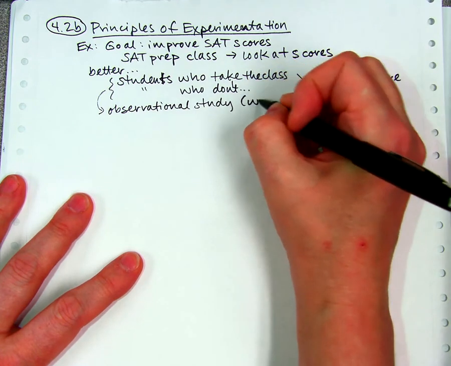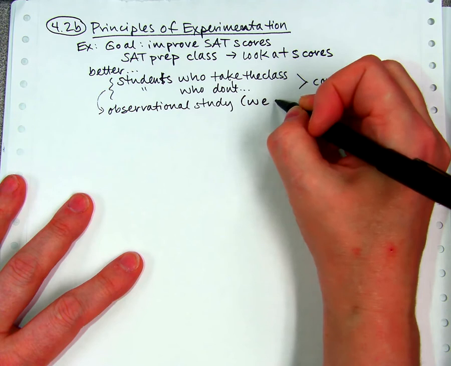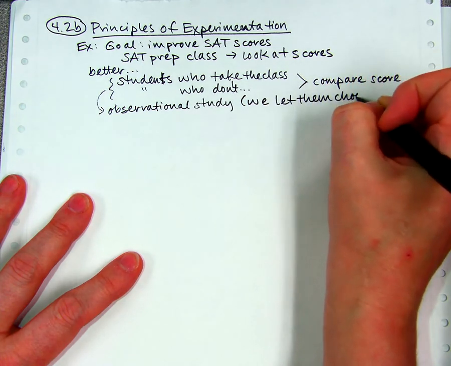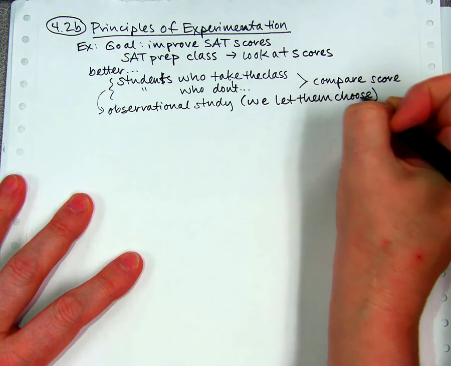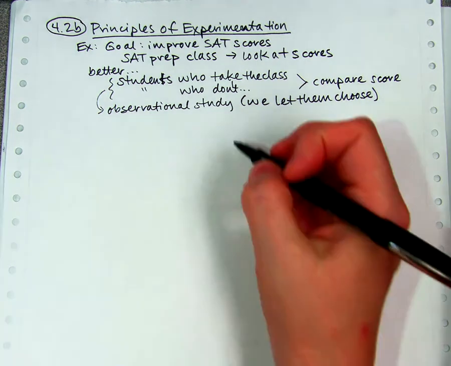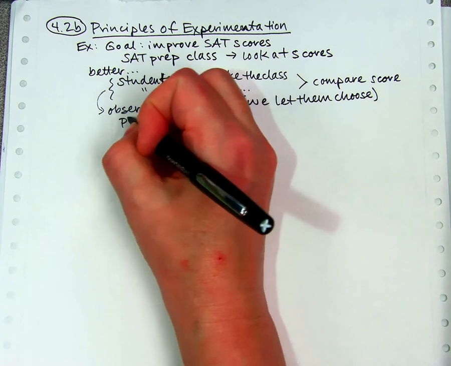Because we let them choose which group to go into. If we let them choose, then something about those people who chose the class might make them also be the sort of student that would score better anyway. So that's not so good because we have some problems with that.